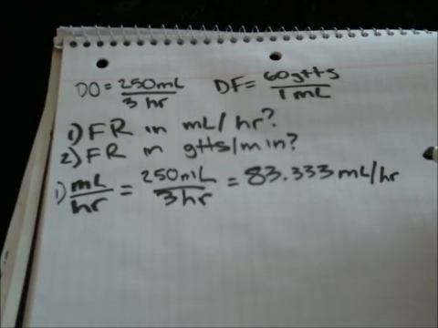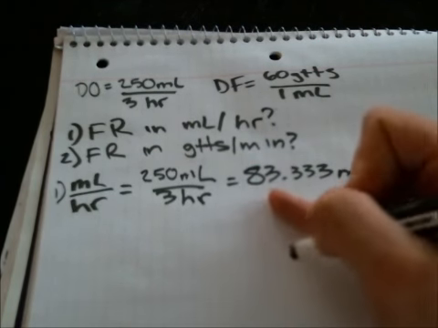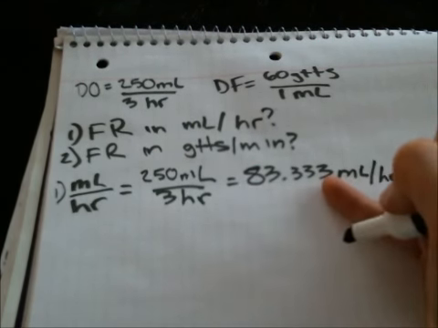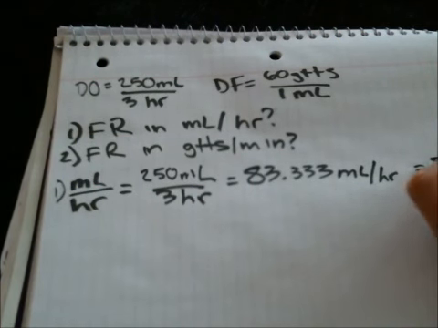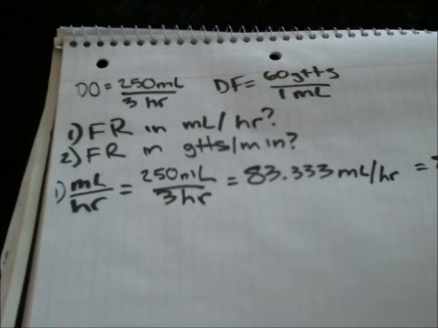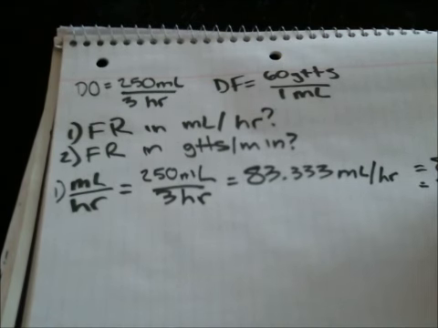Now you need to focus on rounding. It may be 83, it may be 83.3. My school wanted us to round to the nearest milliliter in flow rates, so our answer was 83 milliliters per hour. Your school might want a decimal. Could be 83.3. Right? Whatever.